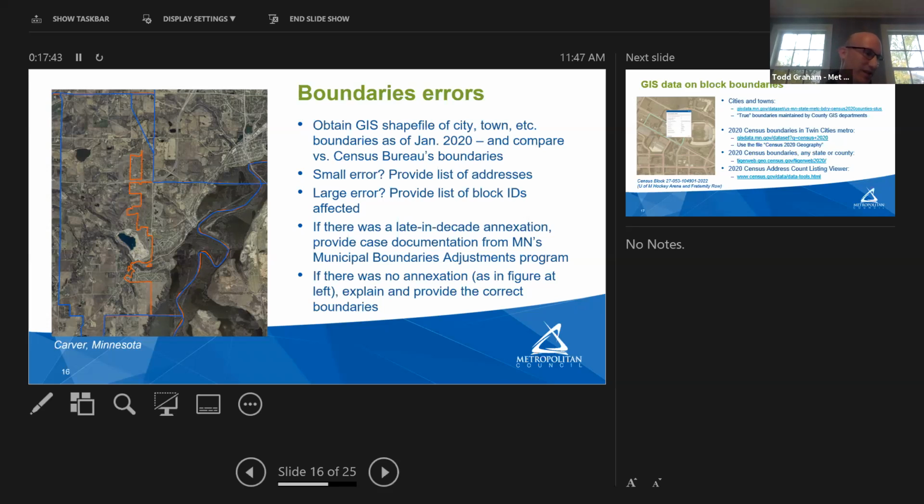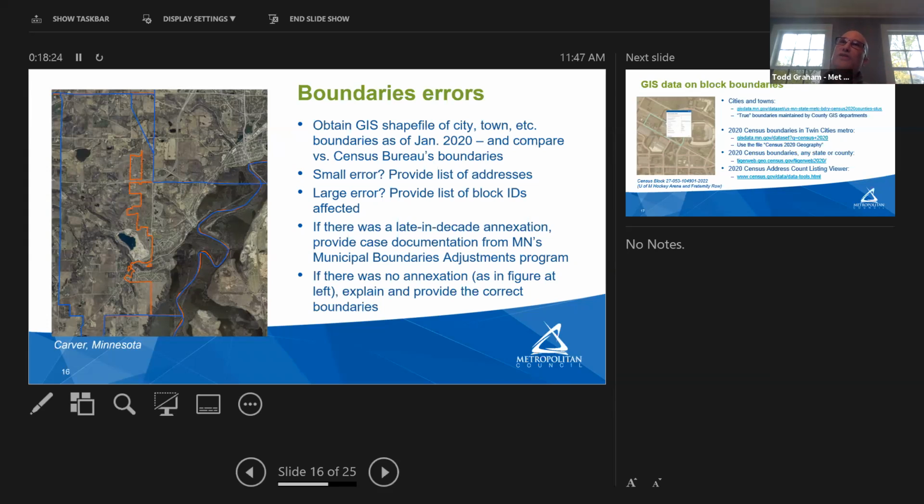So this is something that Carver County GIS staff have been tearing their hair out about for a while now, and could not get the Census Bureau to correct the problem before these tabulations came out in August. They are going to use the count question resolution process and mechanics to try to finally get the boundaries right and get Census Bureau to correct its published population count for Carver, Minnesota, and also the neighboring township.